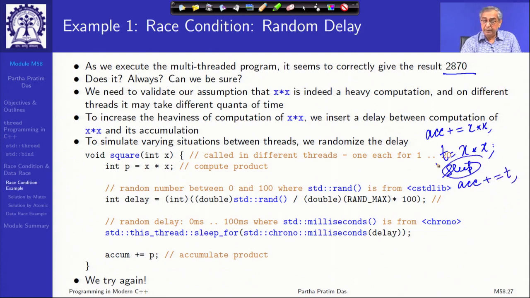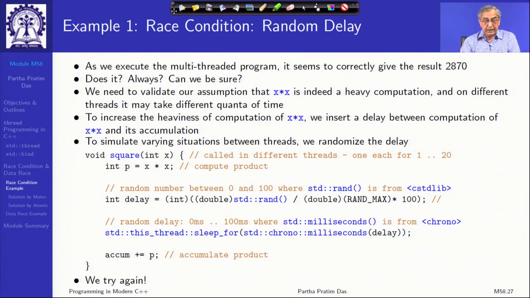This sleep effectively increases the perceived load or perceived computation time for x into x. So, that way I make the load heavier by introducing a delay. And then I say that it will not be the same for all numbers. 1 into 1 and 7 into 7 may not need the same amount of time. So, I randomize, I put a random delay.